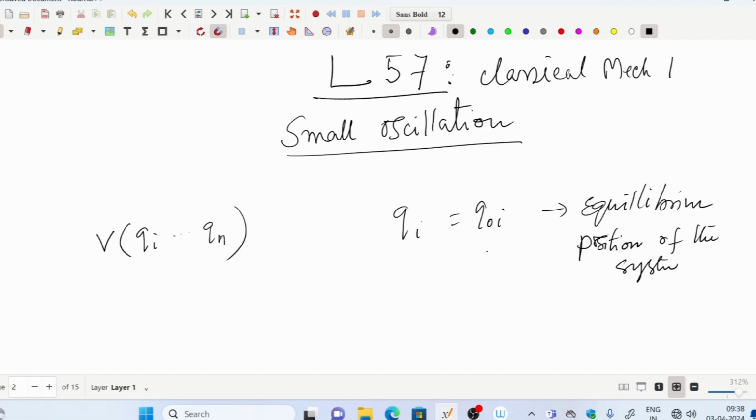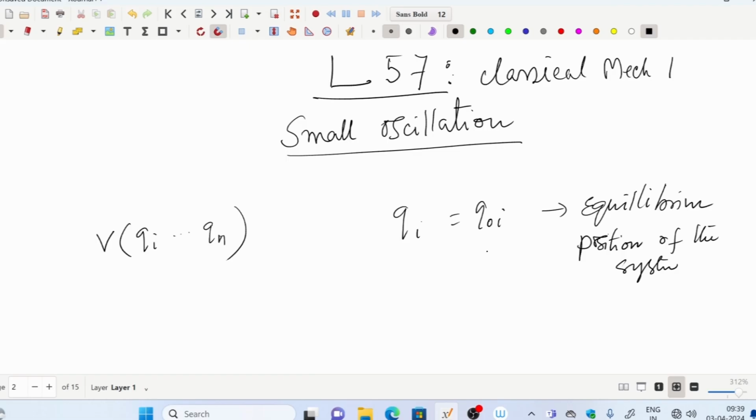Now we want to look at the behavior of the system around the equilibrium position. So we need to expand the potential around this point, and we will construct the Lagrangian for a general system, and consider how we can study the small oscillation.